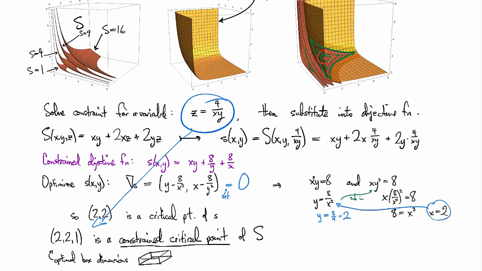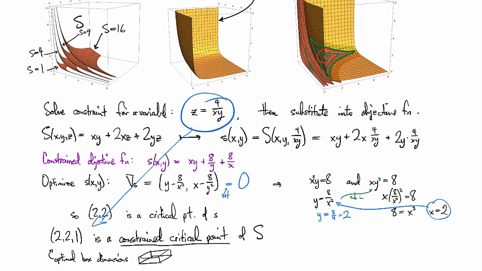And there are also critical points where x is equal to 0 and y is equal to 0. If you'll notice, those would have worked because they correspond to the situation where the partial derivatives do not exist.